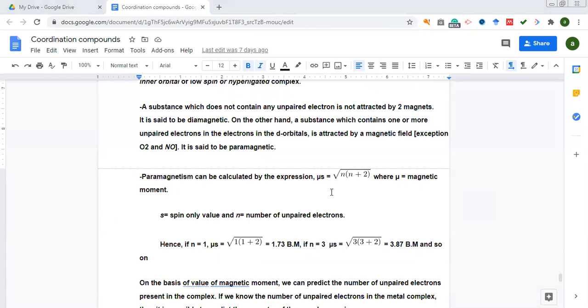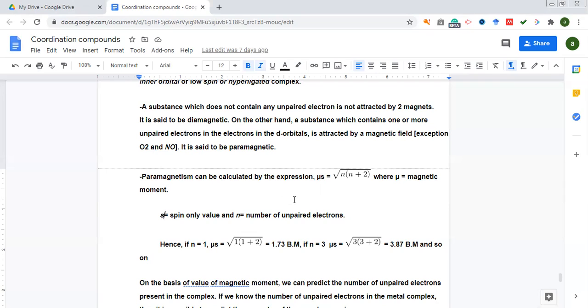Magnetism is attributed to the properties of electrons. And what are those? One is spin quantum number, and second one is orbital angular momentum. The spin momentum is denoted as capital S, and angular momentum as capital L. But in complex transition metals, the contribution of L towards magnetism is zero.